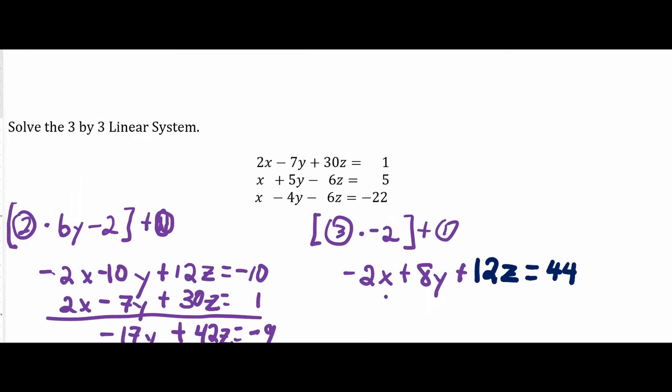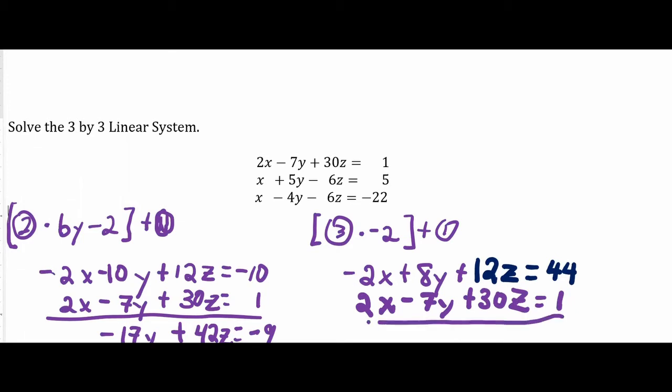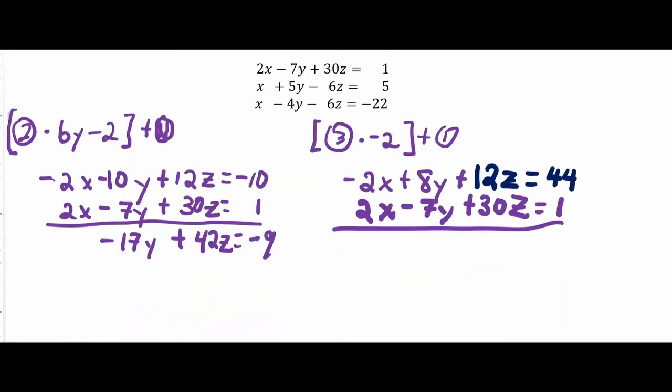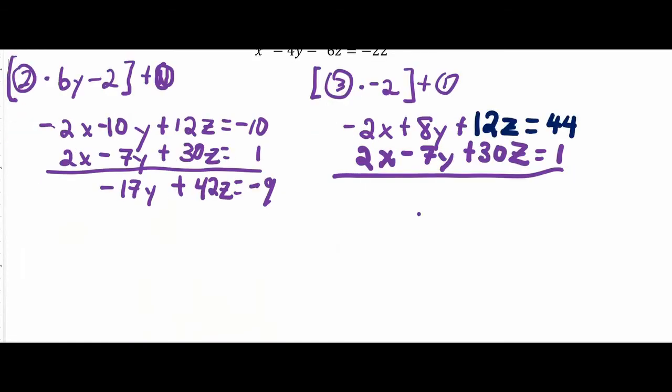So that was 2x minus 7y plus 30z equals 1. Let's add those. Add the like terms along the columns, and we wind up with y plus 42z equals 45.